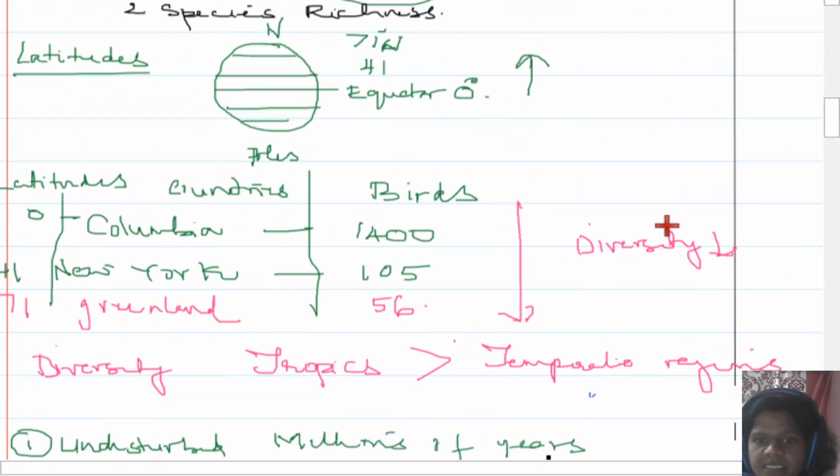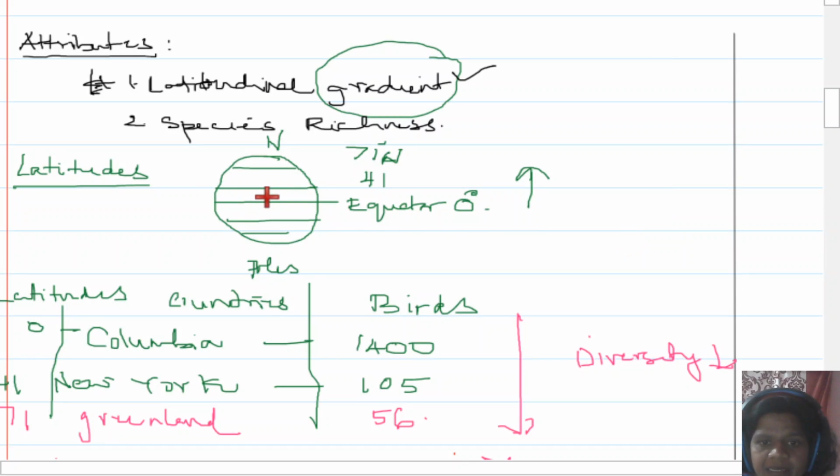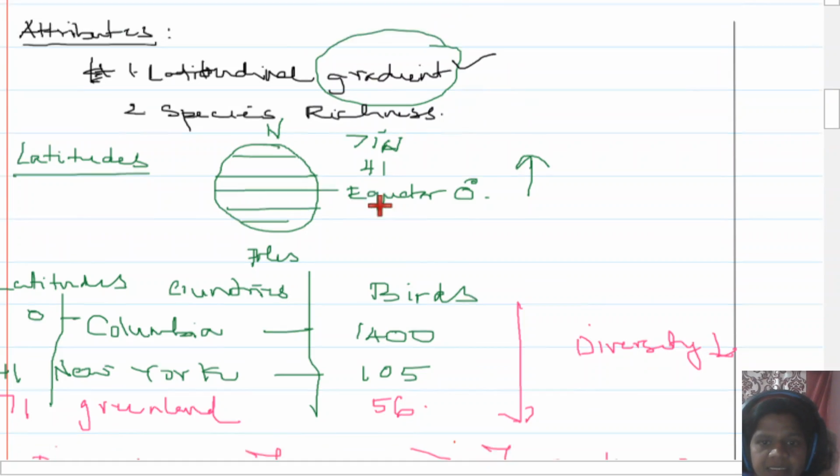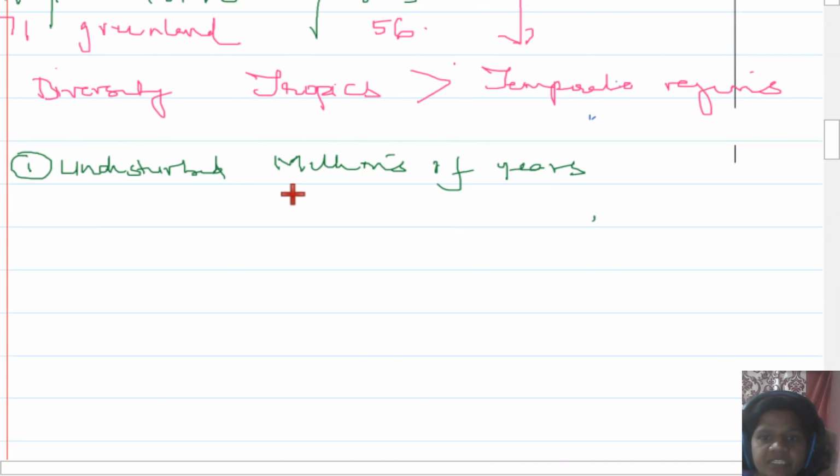Remember, these are the tropics, the middle where the equator goes through. Then you find the temperate zones, and then you find the poles. This tropical region has been undisturbed for millions of years.